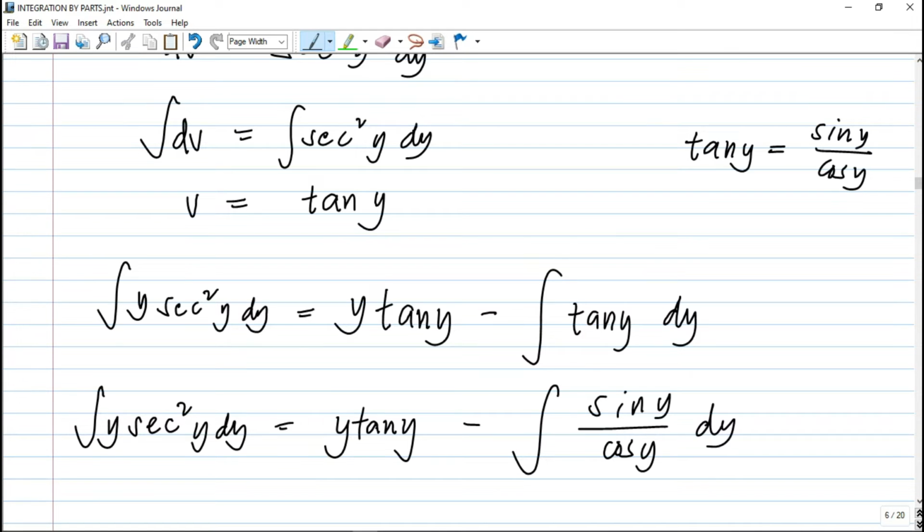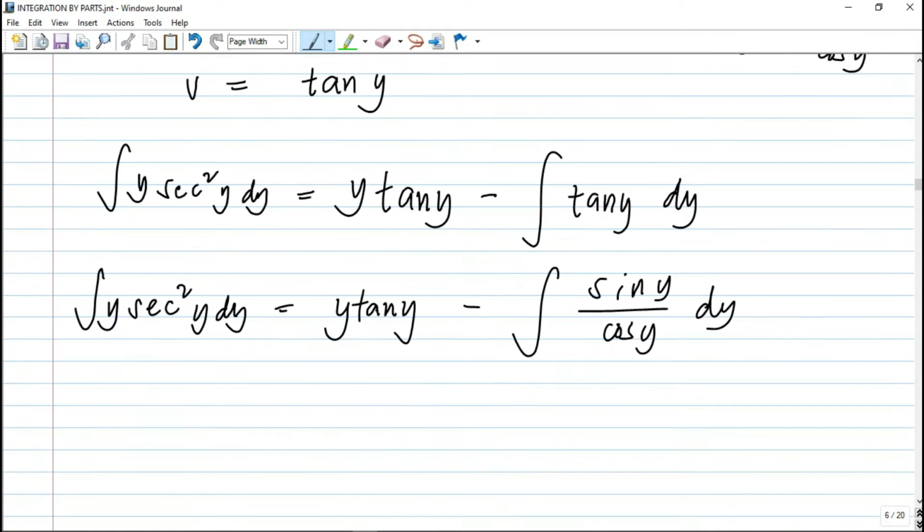Now, gamitan natin siya guys ng formula for natural logarithm. Bakit? Okay, i-recall natin what is the integral of du over u. Integral of du over u is just ln u plus c. Kung dito guys, yung u natin is cosine y, palitan natin yung u here ng cosine y.